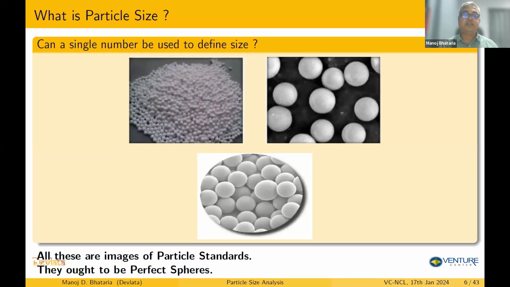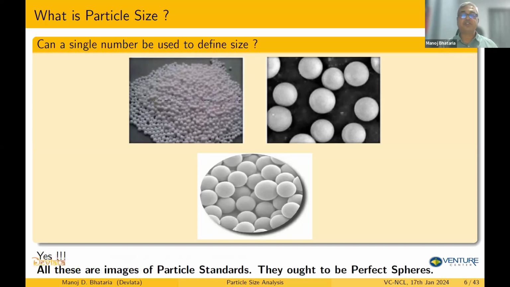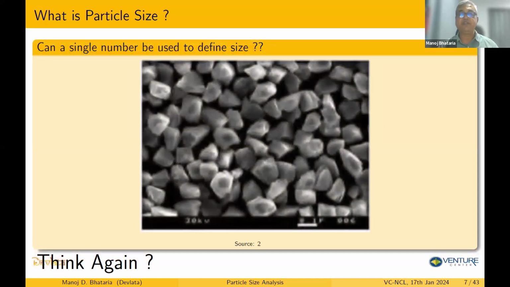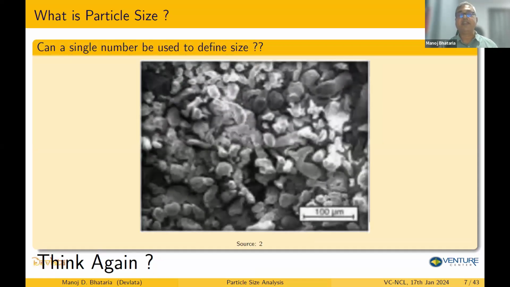They are perfect spheres because they are meant to be standards. But in practice, it's actually not so. These are spherical, but if you look at some other particles, for example this one, you won't find them spherical at all. In fact, if you look at the next slide, there are very irregular shapes that you can find in nature.